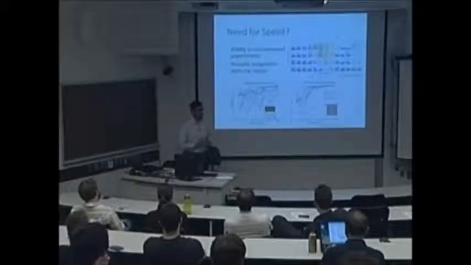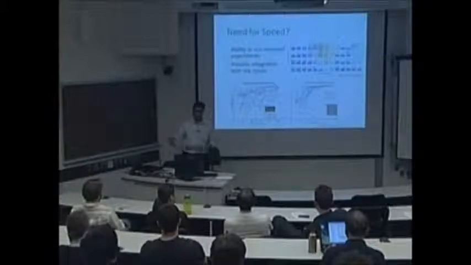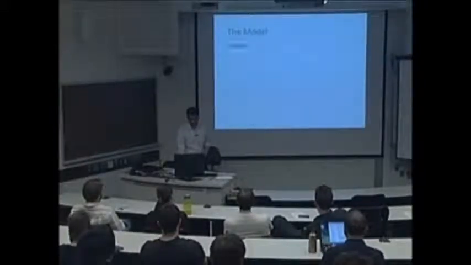Another use case is possible integration with live tissues. So you can develop sort of a feedback loop where the live tissue actually talks to the model and stimulates particular neurons.